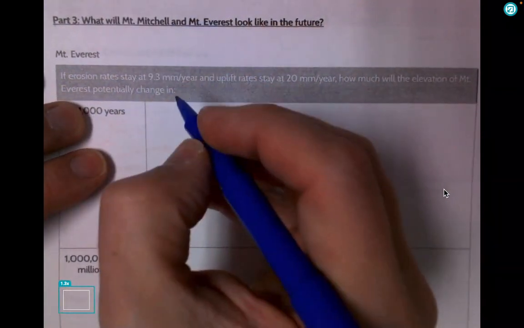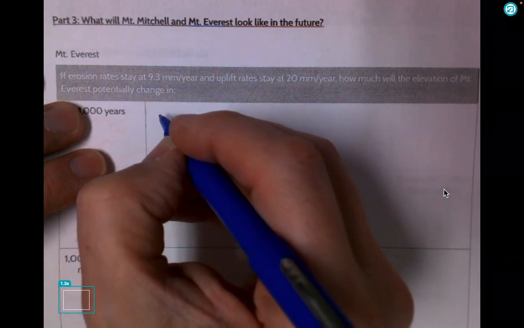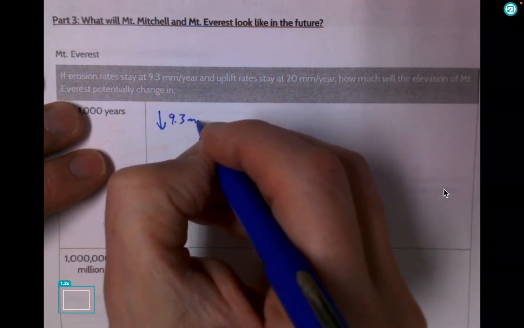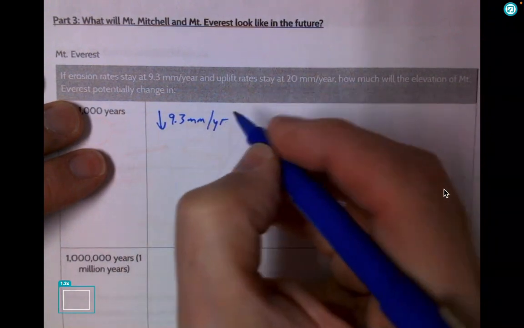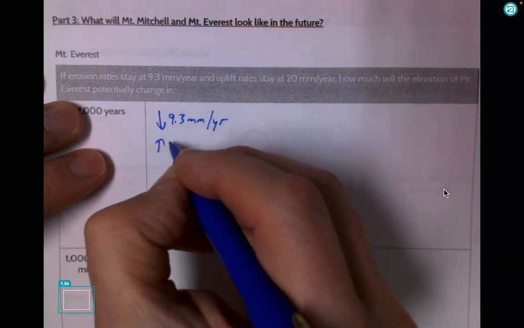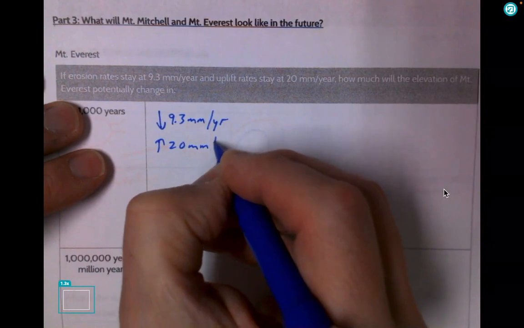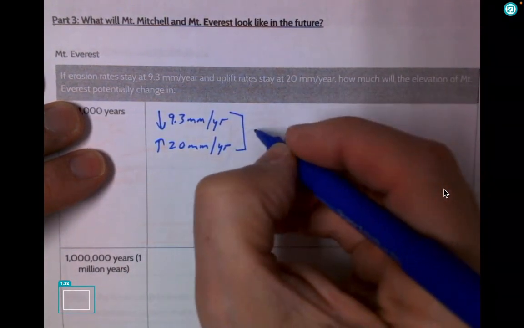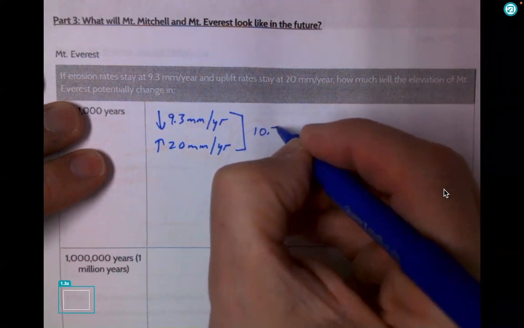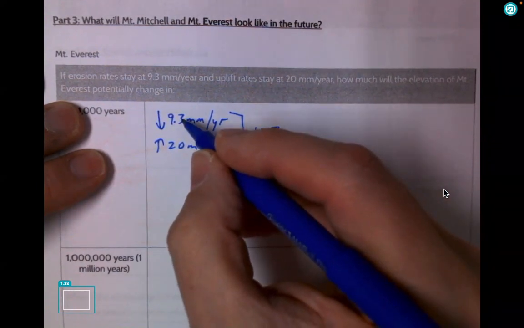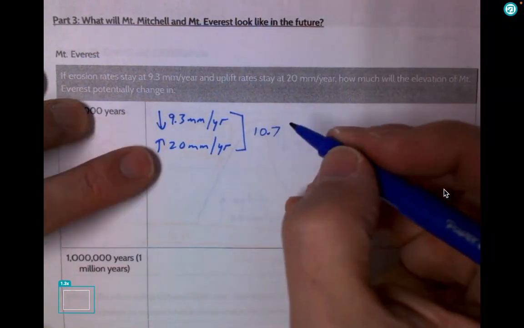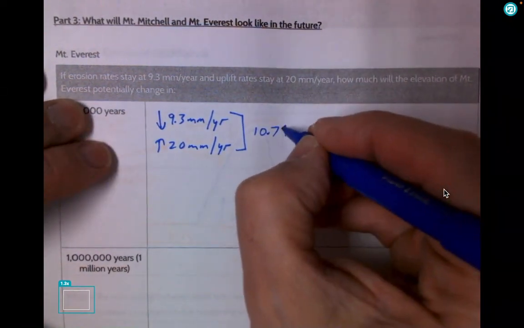So we know that it's going down 9.3 millimeters per year. We know that it's going up 20 millimeters per year. Overall, it's going up 10.7. If we take 20 minus 9.3, we have to find the difference between these. So it's actually 10.7. 20 is larger, so this is ending up going up.